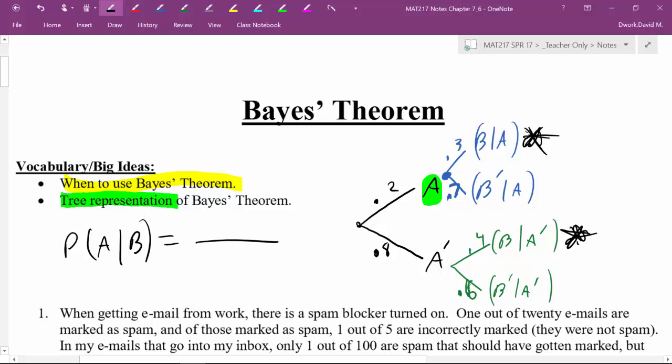I'm going to highlight them just to give an example here. So possible branches would be this one going through A up to B given A, or going through not A and then going to B given not A, because our condition is B has to happen. And the question is how likely is it that A happened too?